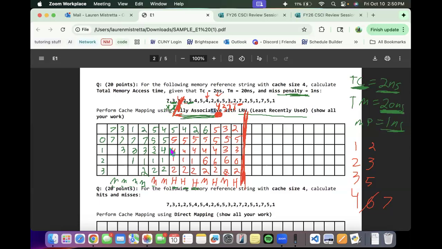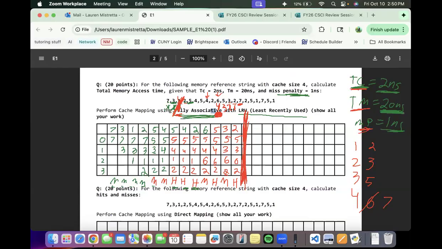Can you go over how to calculate the runtime again? Or the total time? Absolutely, yes. Let's do it for this problem right here. We only did up to this part where this red line is, so we'll just take into account over here. I'm given the time of a cache, TC, time of a miss, and the miss penalty.